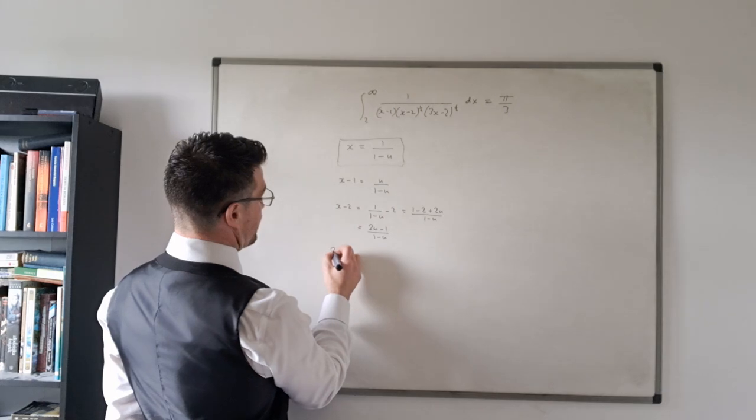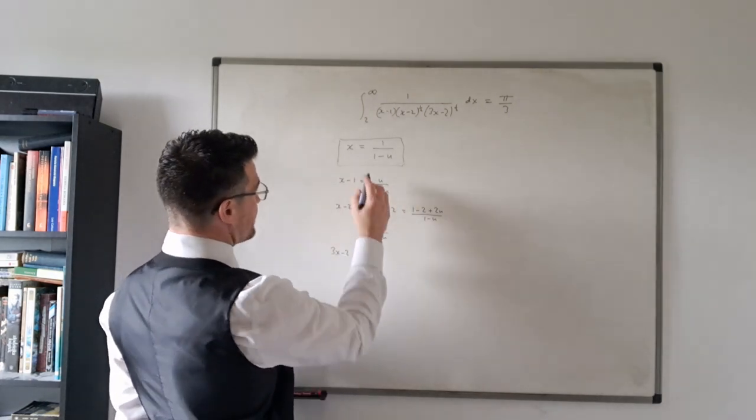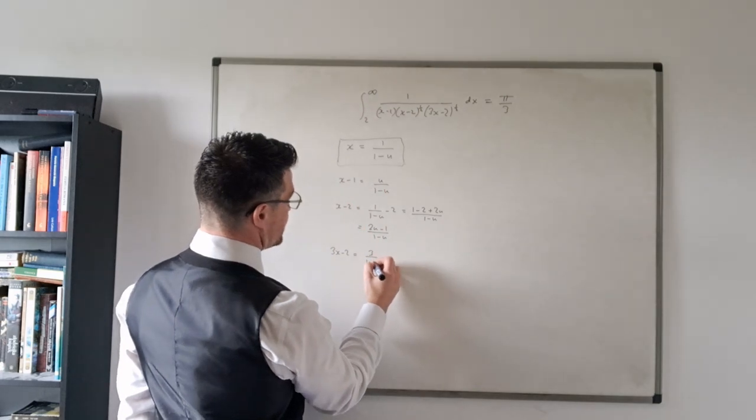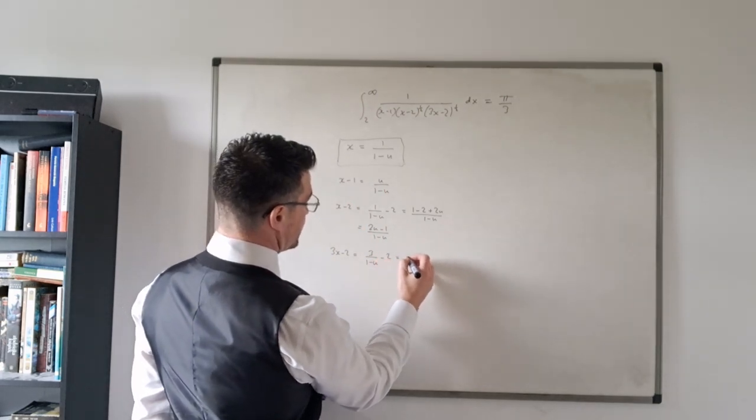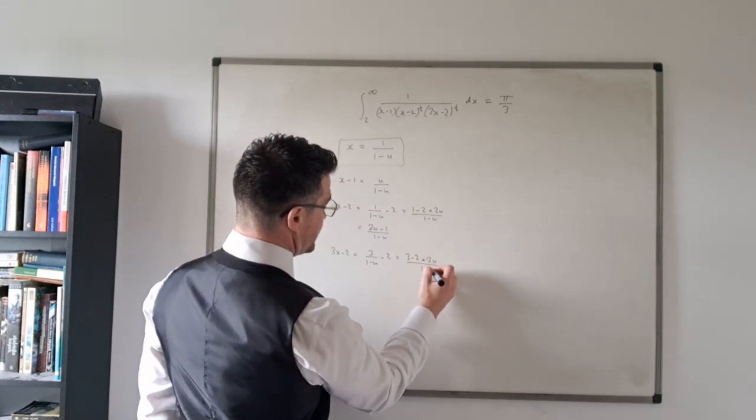And we get that 3x minus 2, so 3 over 1 minus u minus 2 equals 3 minus 2 plus 2u over 1 minus u.